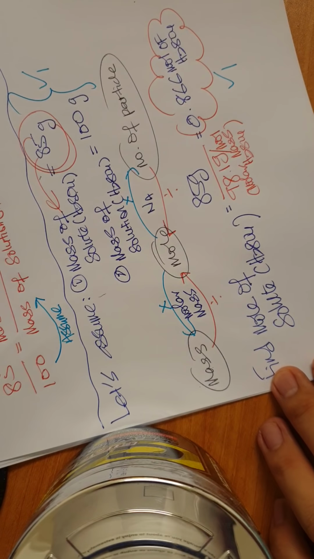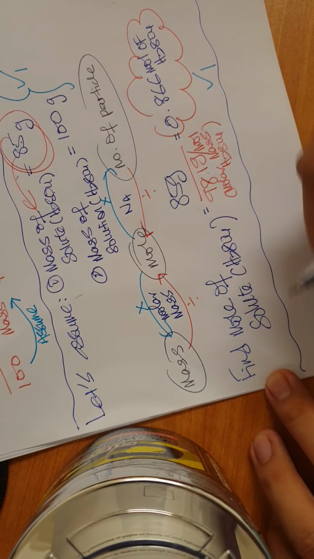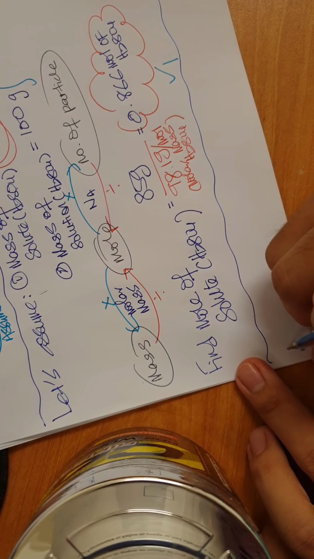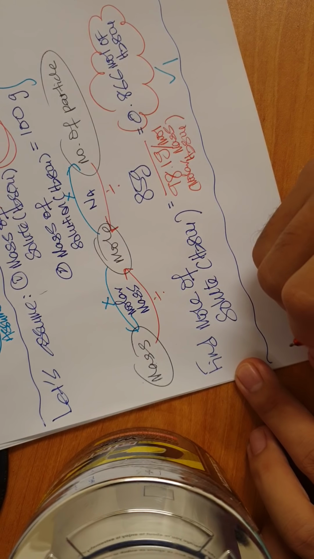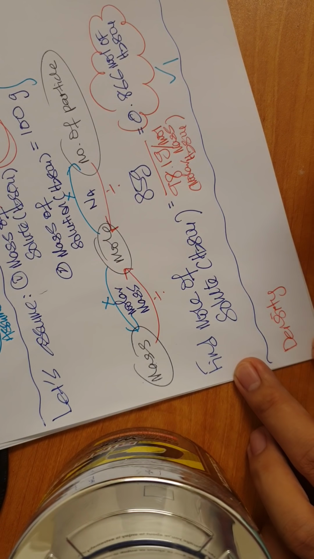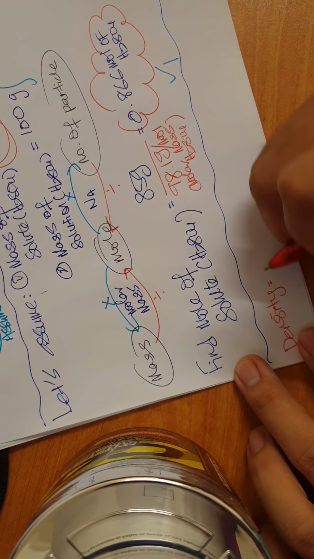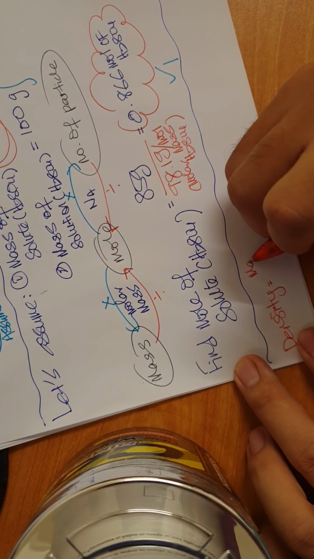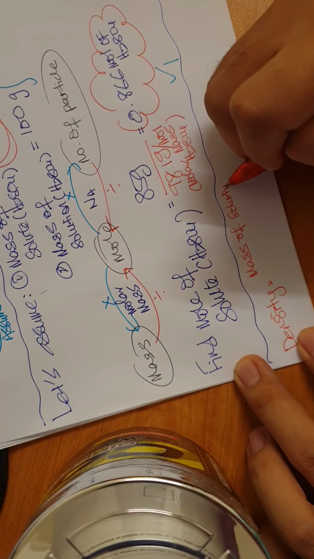So sekarang kamu kena ingat balik, what is the definition for density? So I'm gonna write it at the bottom over here. Okay, so density. Density punya definition. So we want to find volume kan. Untuk mencari volume tu kita boleh cari daripada density. Density adalah mass of solution.